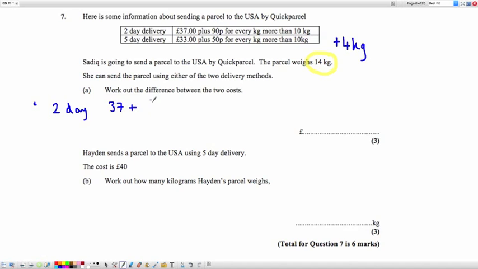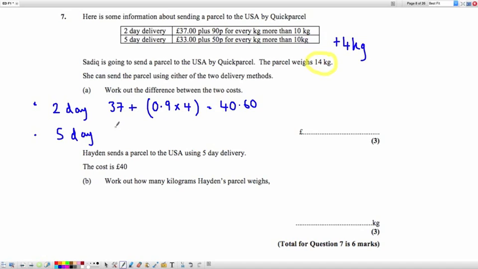Let's convert that to pounds, so that's 0.9 by dividing by 100, times 4 for the extra kg. So we're going to have the 37 plus the 4 times 90 pence, which gives us our total cost of £40 and 60 pence.